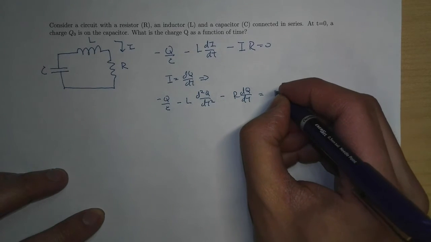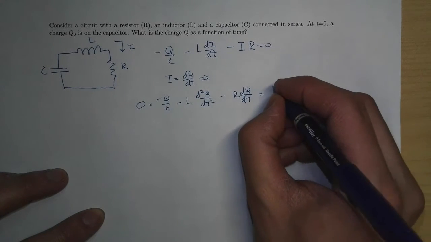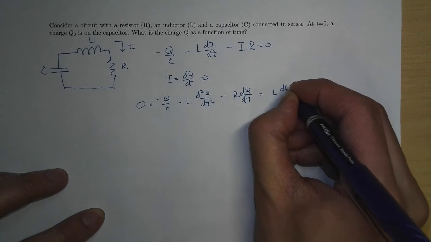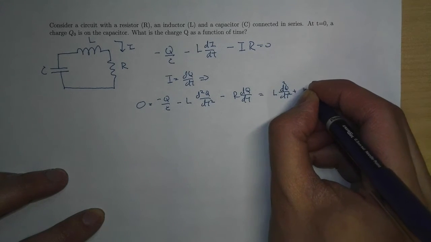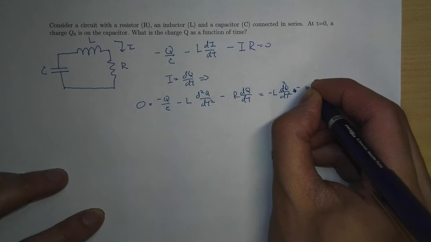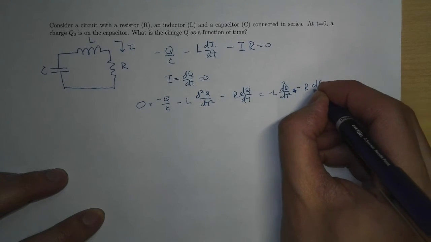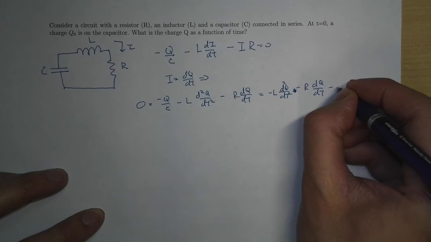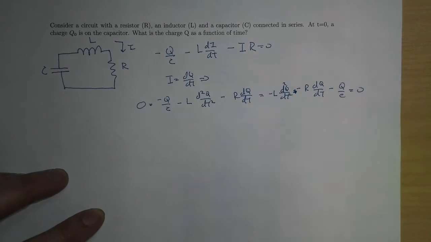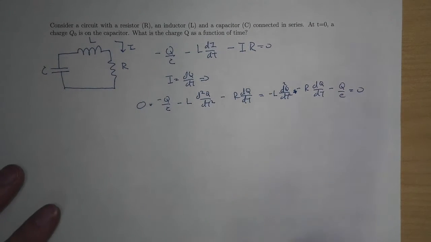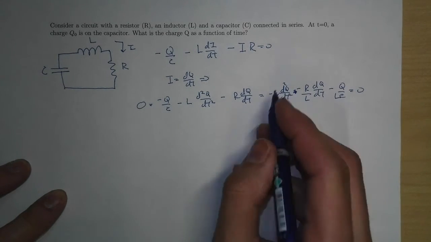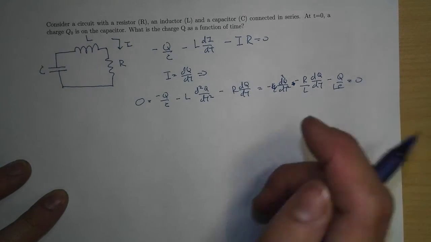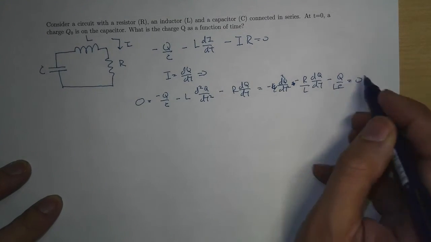Written more compactly, this is L d²q/dt² plus R dq/dt plus q over C equals 0. I'm going to divide by L, and 0 divided by L is still 0. And so I have this equation.